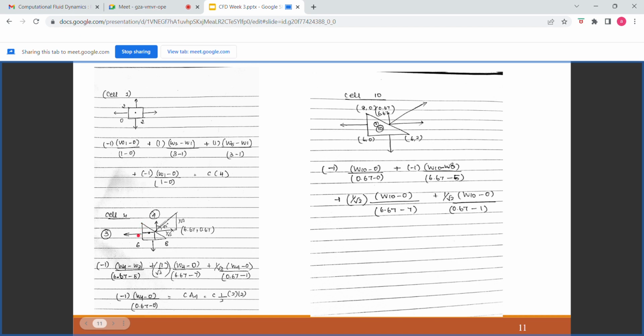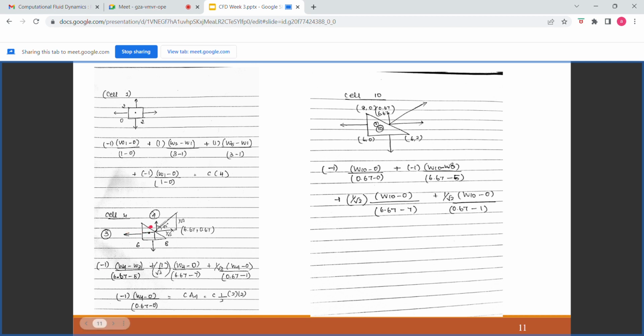So we can put the direction cosines nx and ny for this. Putting it, we get nx as -1, and this is the fourth cell, so w4 minus w3, that is the next adjacent cell.